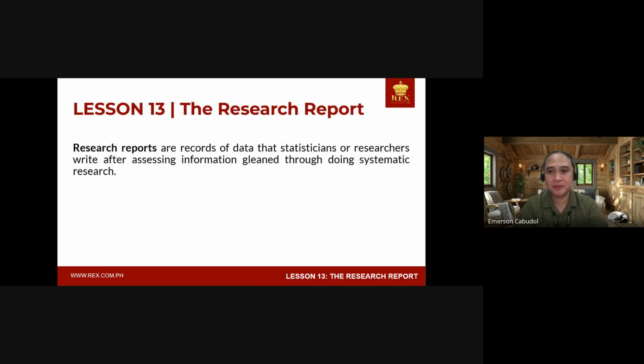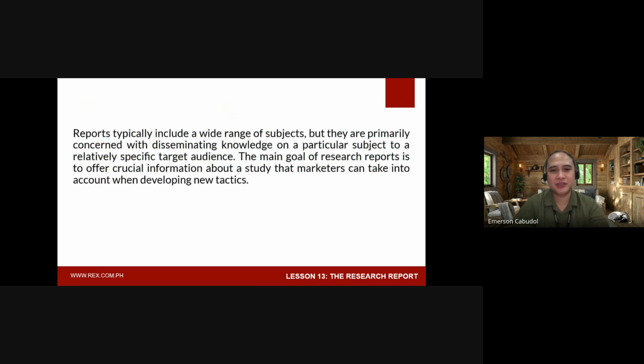Okay, as per the definition in our book, research reports are records of data that statisticians or researchers write after assessing information gleaned through doing systematic research. Reports typically include a wide range of subjects, but they are primarily concerned with disseminating knowledge on a particular subject to a relatively specific target audience.